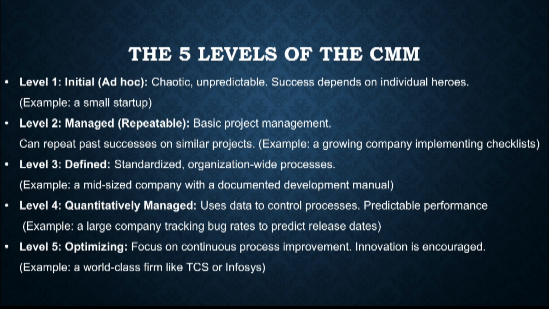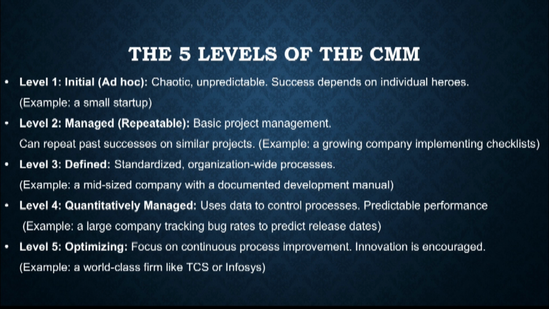Level 5 is Optimizing. This is the pinnacle of CMM. The organization is focused on continuous process improvement. They use the data they collect in level 4 to proactively identify and implement process changes to make things even better. They are always looking for ways to innovate and refine their methods.